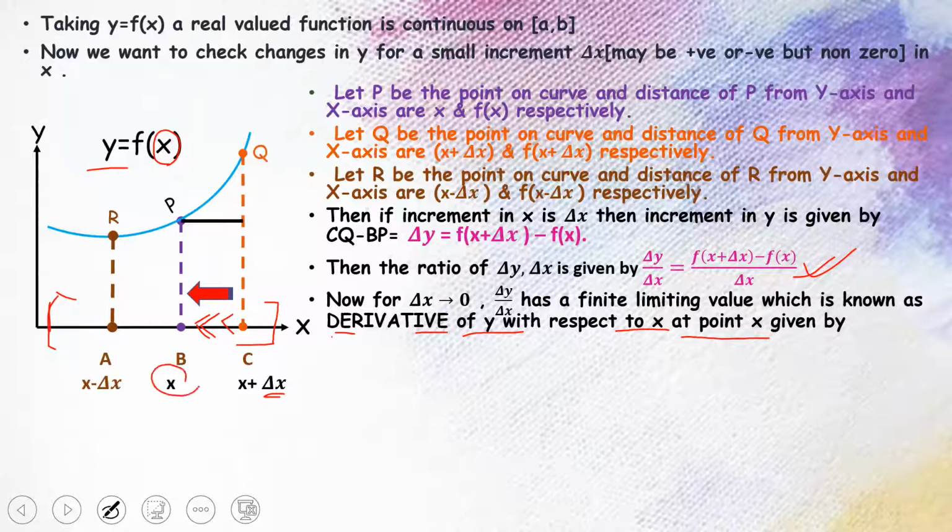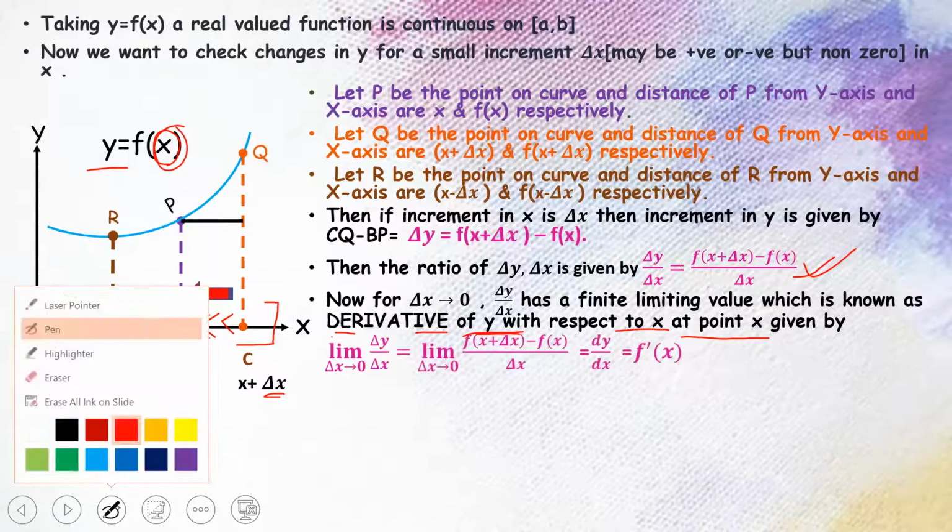At any certain point x, the derivative of y with respect to the independent variable x, this limiting value, is given by this form.